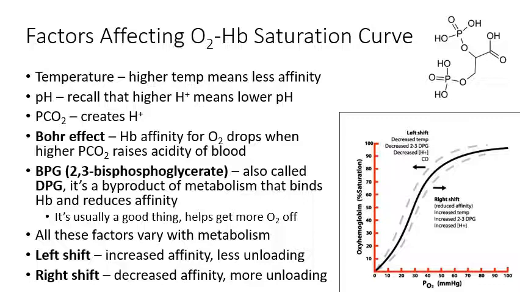I'm sorry, it's the exact opposite. In a fetus, you would have lower BPG. And that means that when the fetus's blood is streaming past the mother's blood in the placenta, since it has less BPG, it's going to be easier to load oxygen onto it, and that means that it's going to be easier for the fetus to pick up oxygen from the mother's blood.